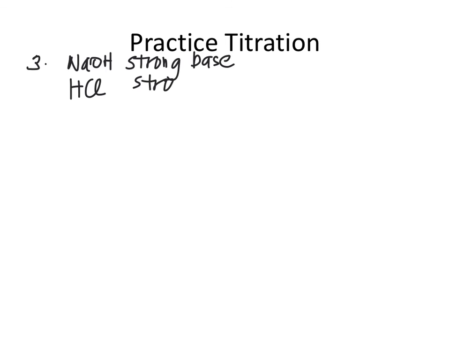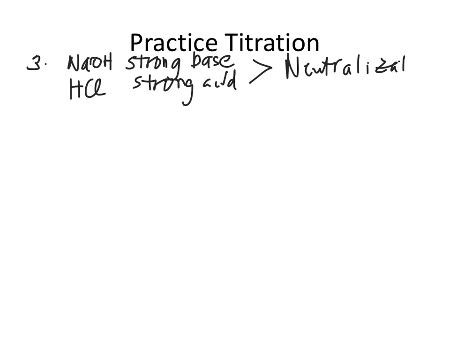In this case, we have sodium hydroxide reacting with hydrochloric acid. So sodium hydroxide is a strong base. HCl is a strong acid. And if you mixed equal moles of these two, you would have what's called a neutralization reaction.